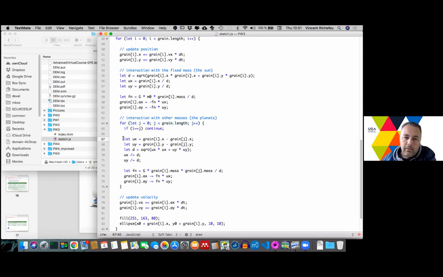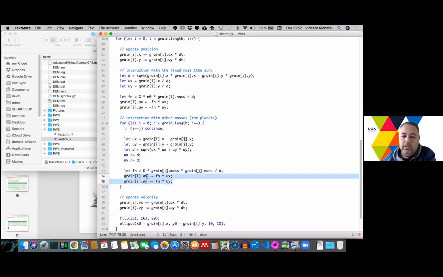This is the branch vector, the distance between the particles, and it becomes a unit vector from particle j to i. We compute the attraction force, and we compute the acceleration of the particles.